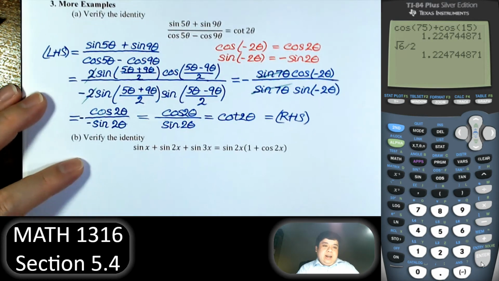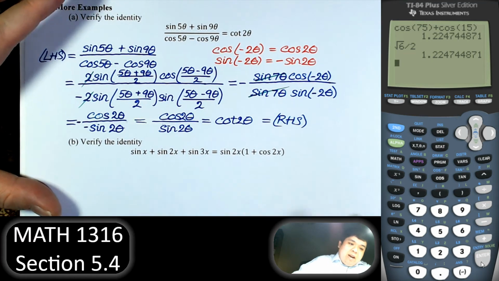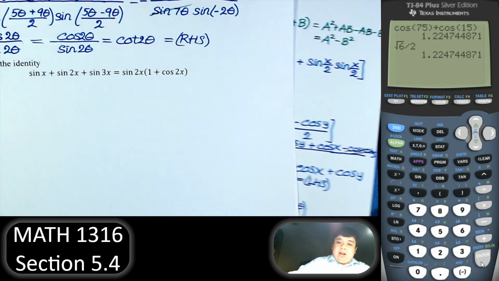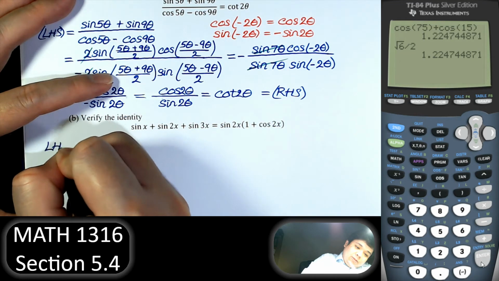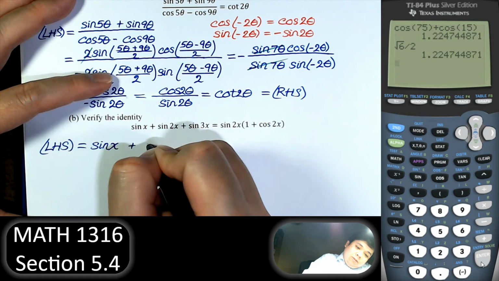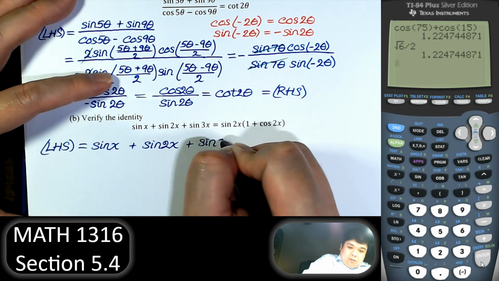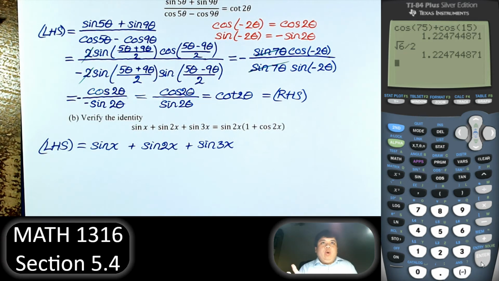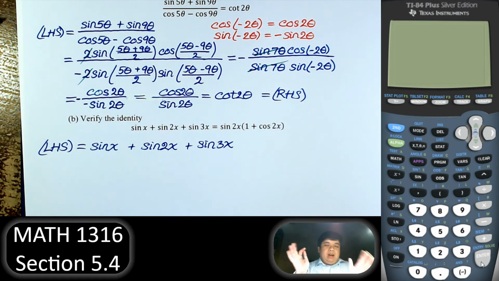Right. Next, I'll verify this identity. Well, of course, it looks like the left-hand side is the more complicated side. Now, if we're going to add them like this, 1 plus 2 divided by 2 is going to be a fraction.